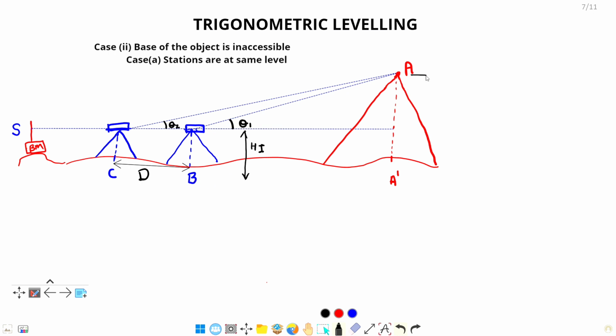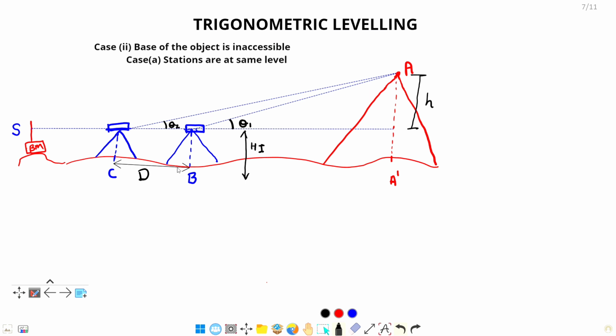Now again here H is missing, this one is the H. We have to calculate the RL of A. So let's do it. How will we do that? Do the calculation. Now first see in this triangle, the first one, which makes angle theta 1.